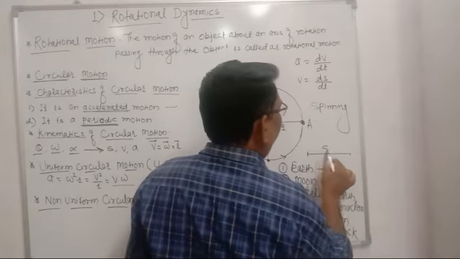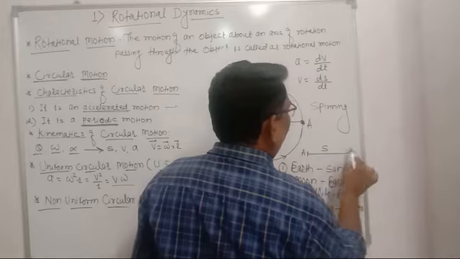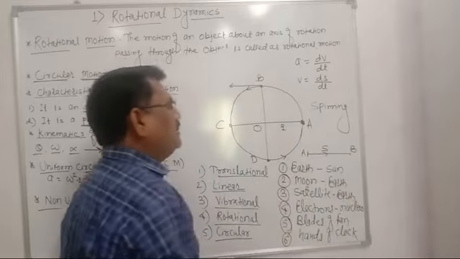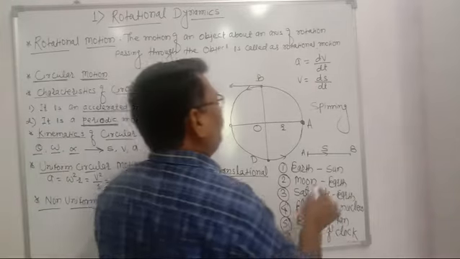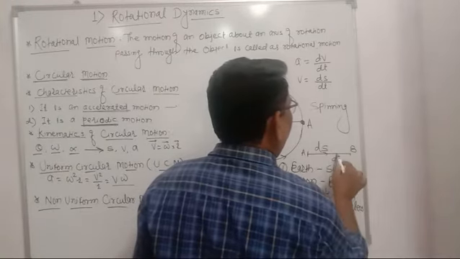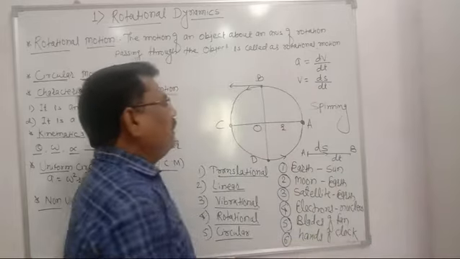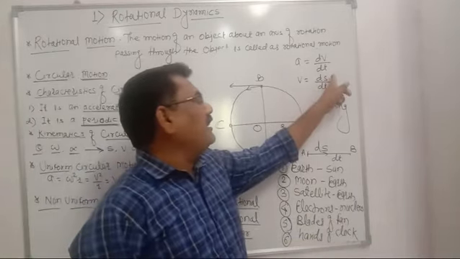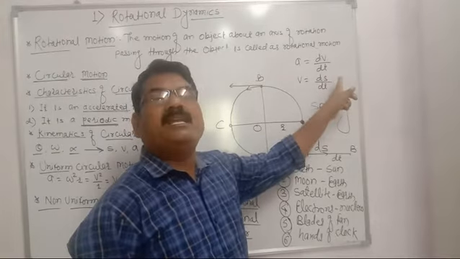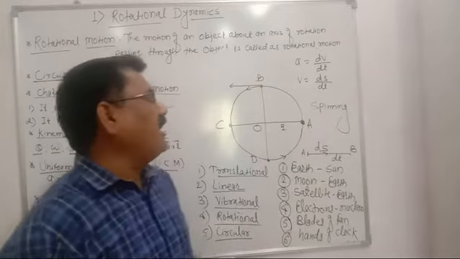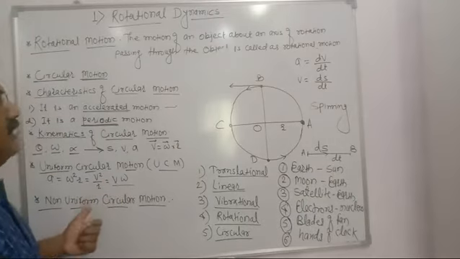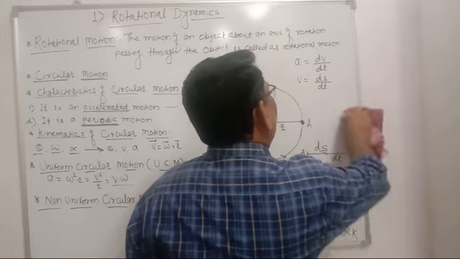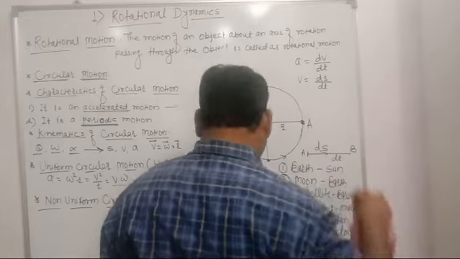Means when an object moves from A to B along a straight path which covers the distance ds in time dt, the velocity of that particle is defined as the rate of change of linear displacement with respect to time, called linear velocity.